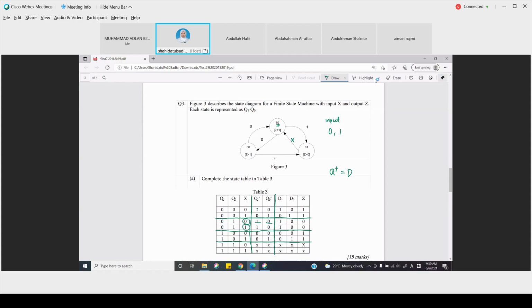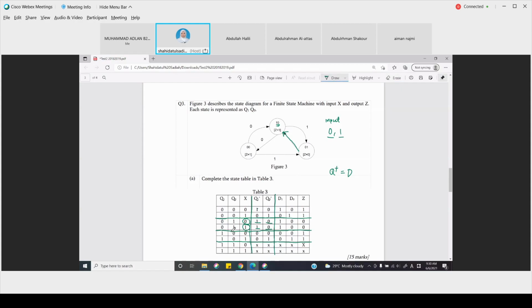When the input is 1, it will also go to 1, 0. So it doesn't matter if input is 0 or 1, it will go to 1, 0. So it's don't care, but we don't write the input. We force the state to go to 1, 0. Right? Okay, that's interesting.